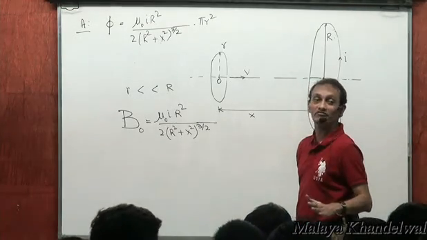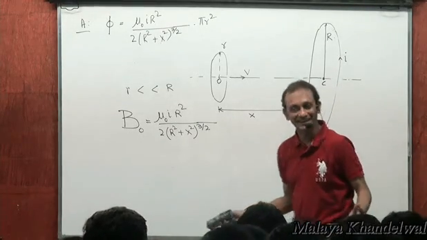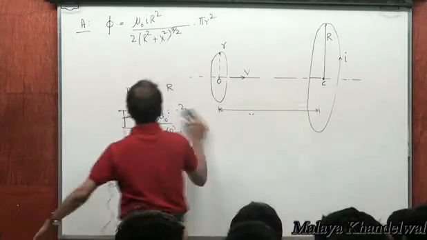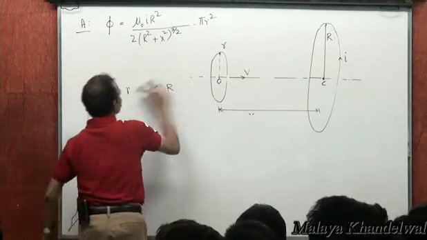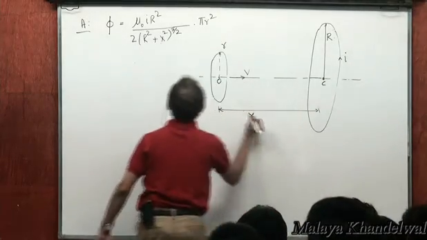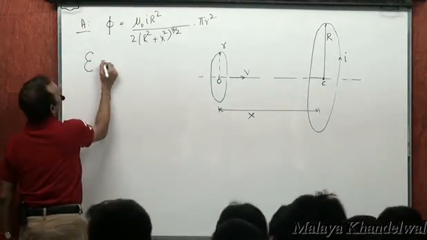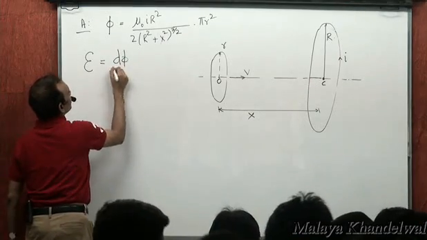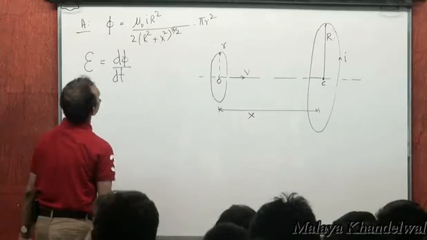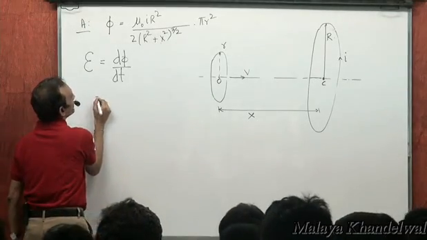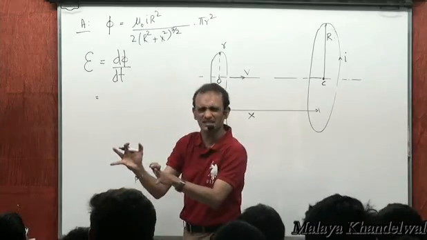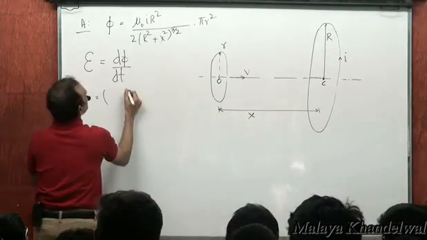Now the induced EMF is going to be d phi by dt, or the magnitude of this. So if I differentiate this with respect to time, all of this, mu naught I R squared by 2 pi r squared, they are all constants clubbed together.